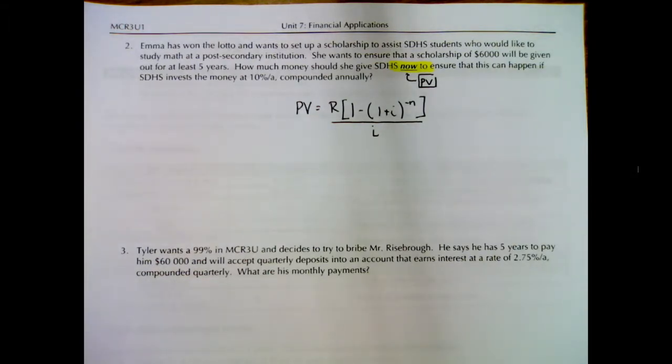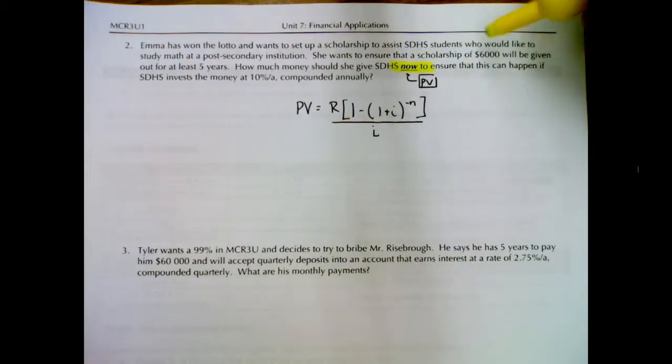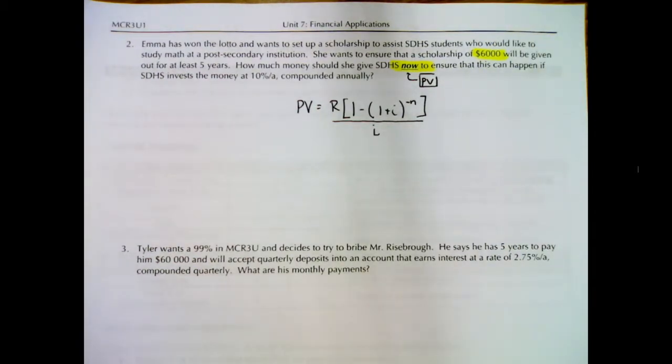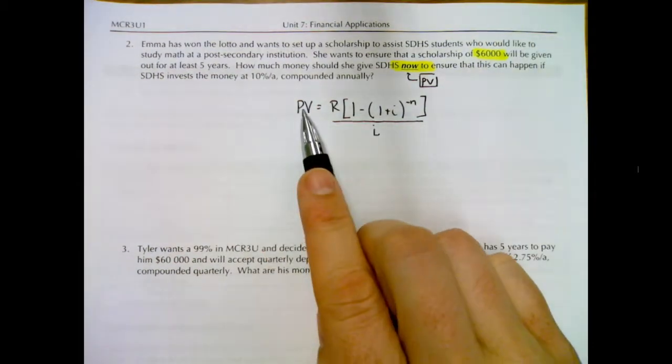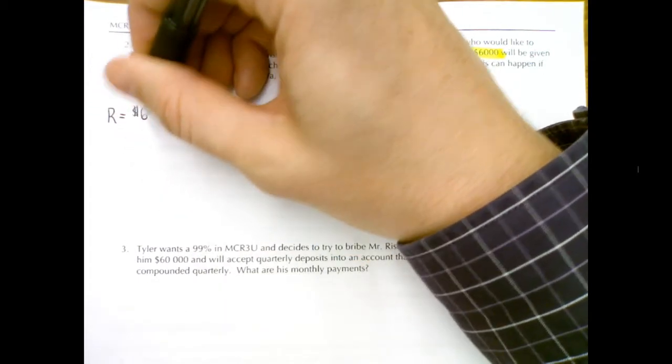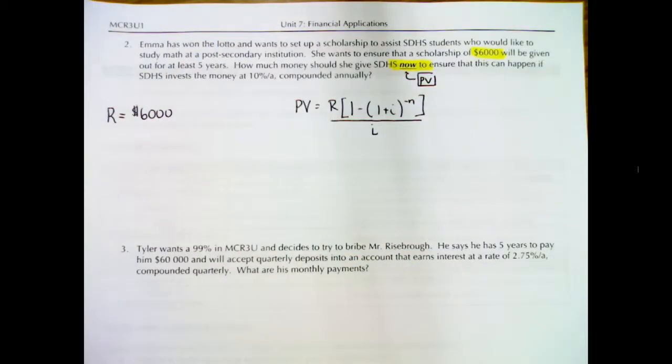And what do we know? Well, we know that we want to be able to take out $6,000 every single year. So if we're putting an amount of money in today and we want to pull out $6,000 every year, that $6,000 is the regular payment, the payment that SDHS is making out for that scholarship.